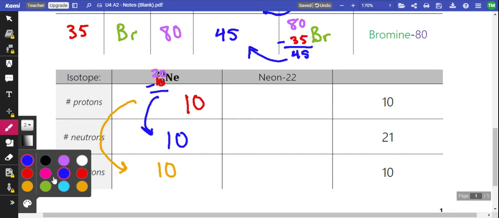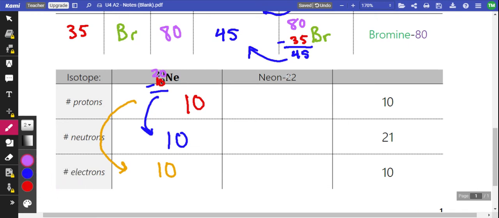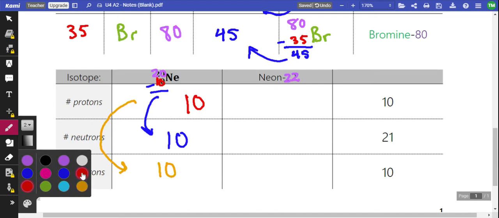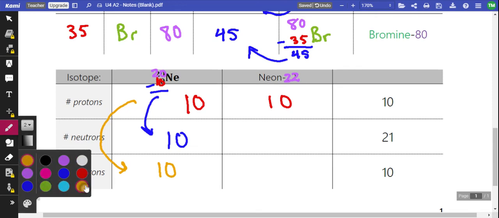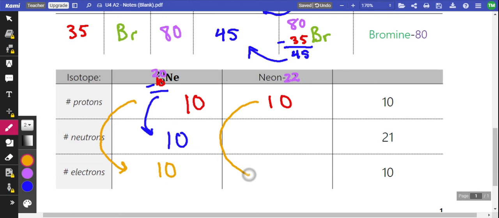In this next example, neon has a mass number of 22. So same element, but different number of neutrons. If it's the same element, it's still neon. I can double check on the periodic table, but it's still going to have 10 protons. Whether I'm finding that from the atomic number or from the periodic table, neon has to have 10 protons to be neon, which means I still have 10 electrons to match.